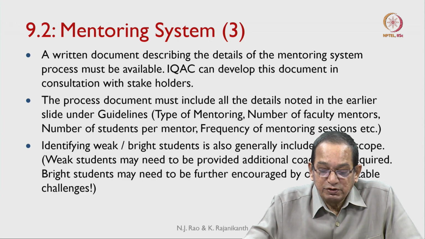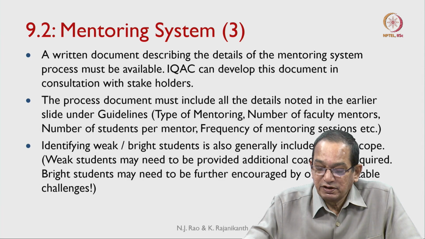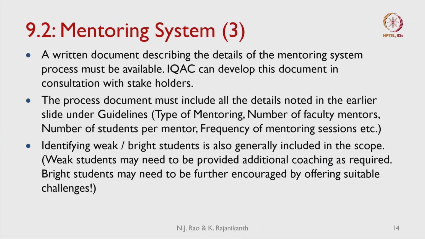The process document must include all the details noted in the earlier slide under the guidelines, that is type of mentoring, number of faculty members, number of students per mentor, frequency of mentoring sessions. All these details must be included in the process document.